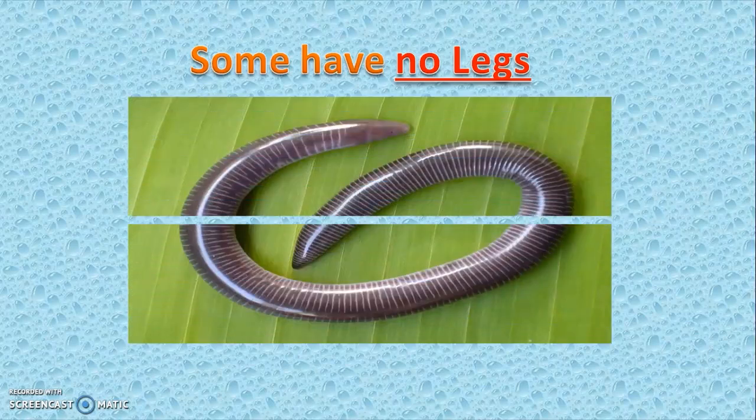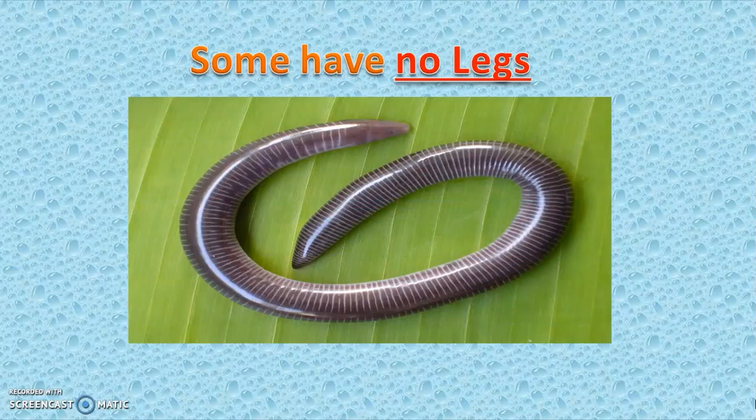All right. What about some animals have no legs? Okay, what kind of animals have no legs? For example, this kind of insect or a worm, they have no legs.